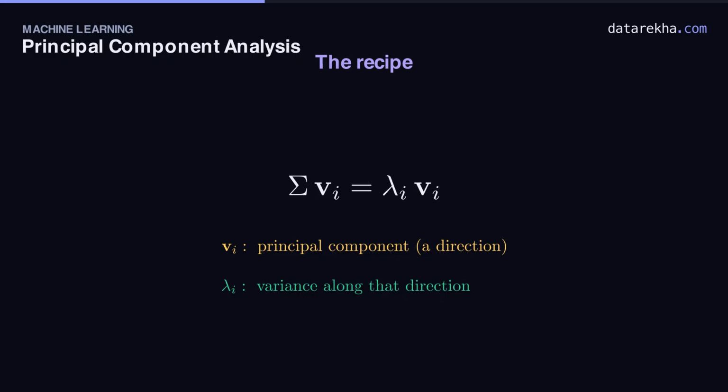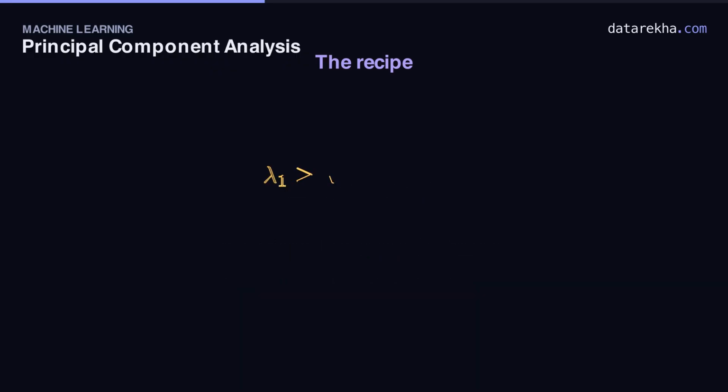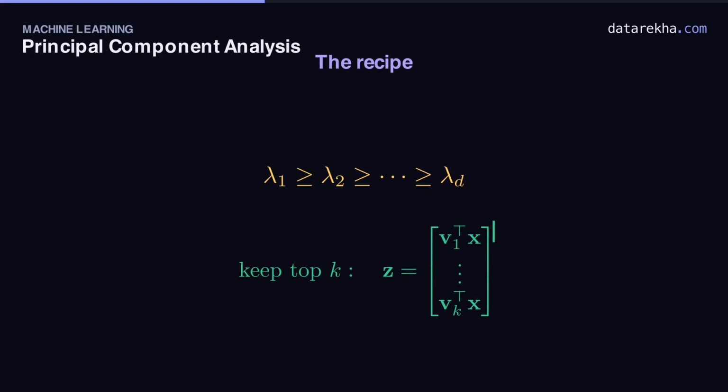The eigenvalues tell you how much. Fourth, sort the eigenvalues from largest to smallest and line the eigenvectors up to match. The biggest is PC1, the next PC2, on down. Then keep only the top k directions and project each point onto them. Every point turns into just k numbers. Its coordinates along the strongest axes. From d dimensions down to k, holding on to the most variance possible.